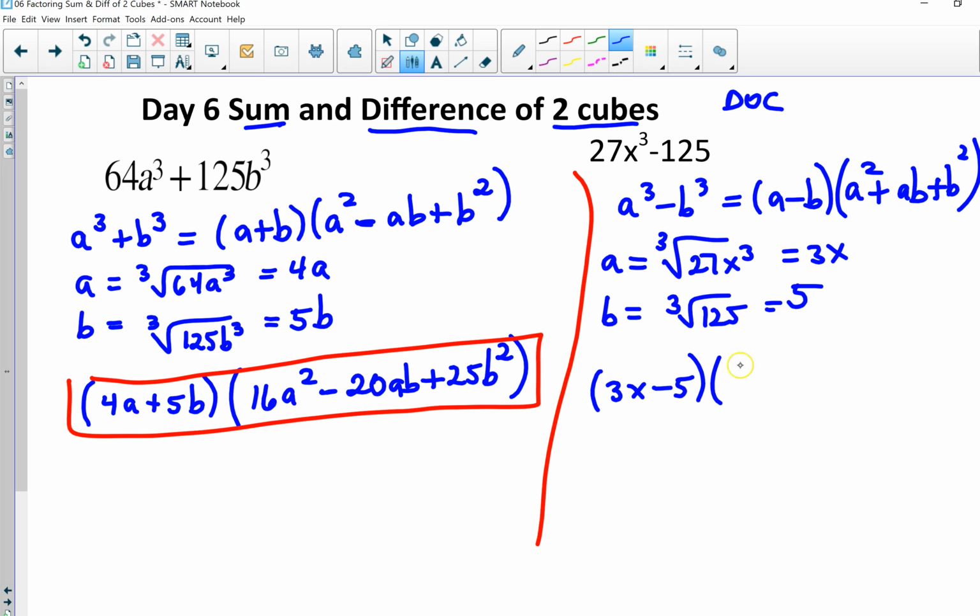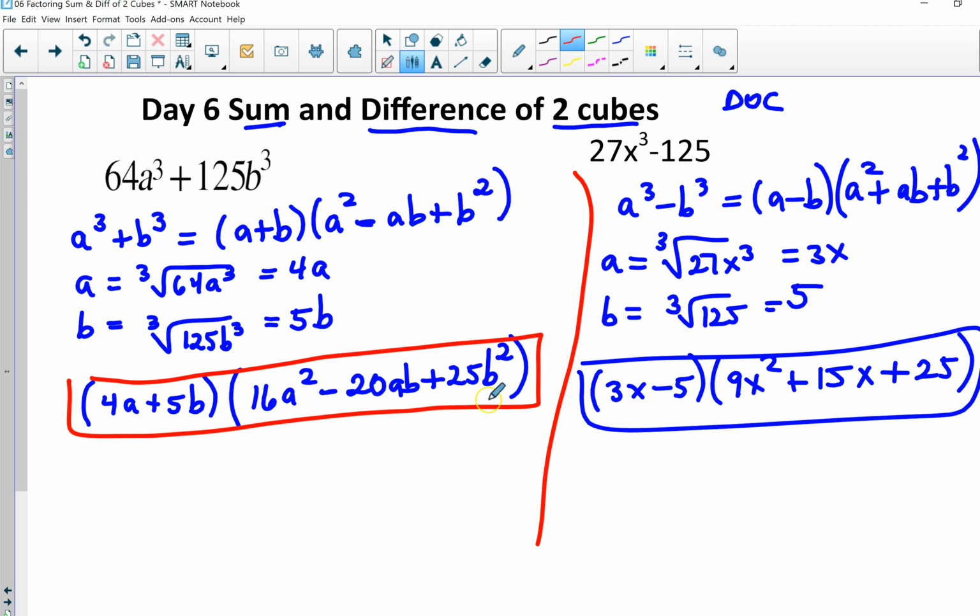We now square the first term, so it's not just the x that's squared, but the 3 as well. And now you're going to multiply the first term times the last term. Notice I'm not including the sign. And now we take that last term squared. And we're done.